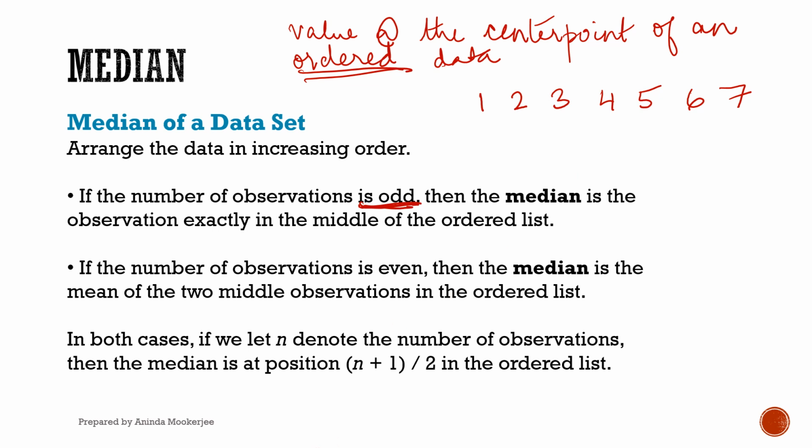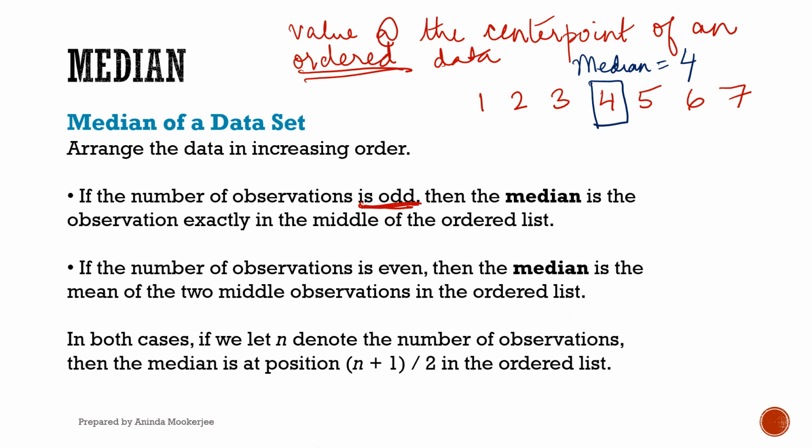So in this case, the median is 4. All right, the value that is located right at the center of an ordered list. This is going to be the median. Median equals 4. If the number of observations is even, then the median is the mean of the 2 middle observations in the ordered list.